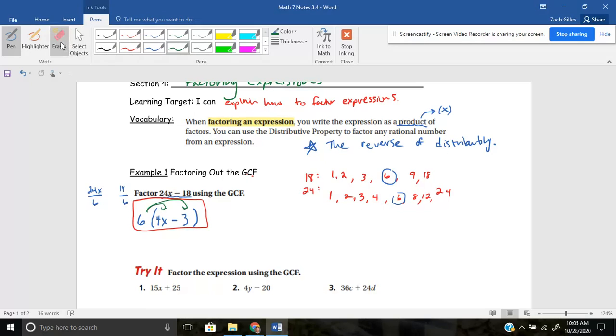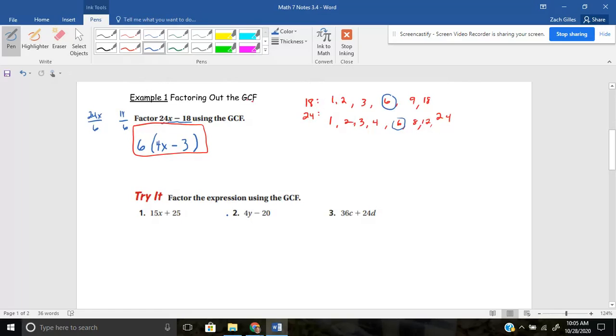I just want to show you that it's like the reverse, but this is the final answer. We factored out the greatest common factor. So why don't you pause the video now and try to do the same for 1, 2, and 3. Figure out the greatest common factor and then factor that out of the expression.